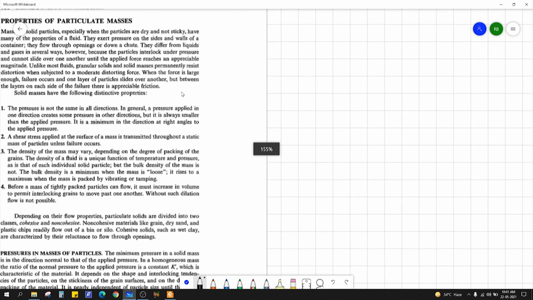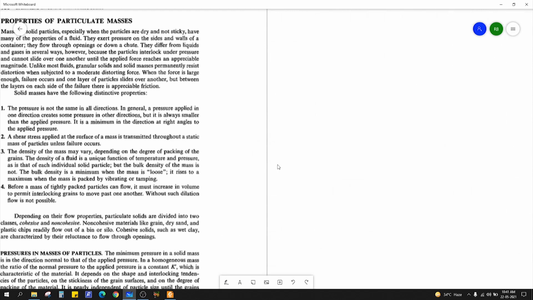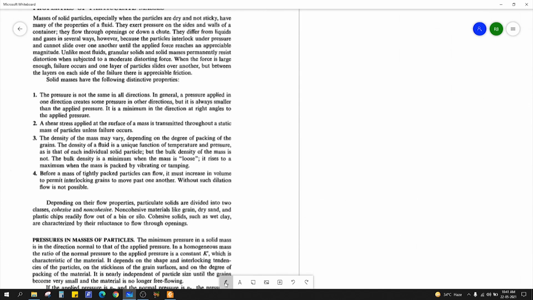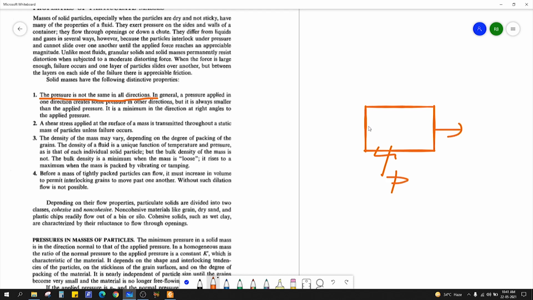So we have different properties for solids, as mentioned here. The pressure is not the same in all directions, as I told you. If I apply pressure to a solid, then it will not be the same in all directions as the applied pressure, and it is the minimum in the 90 degree direction.